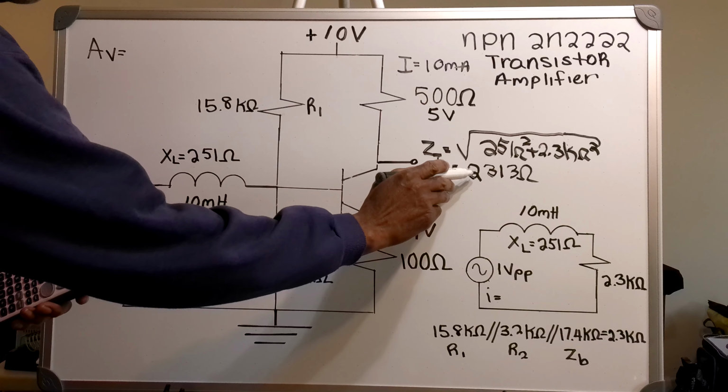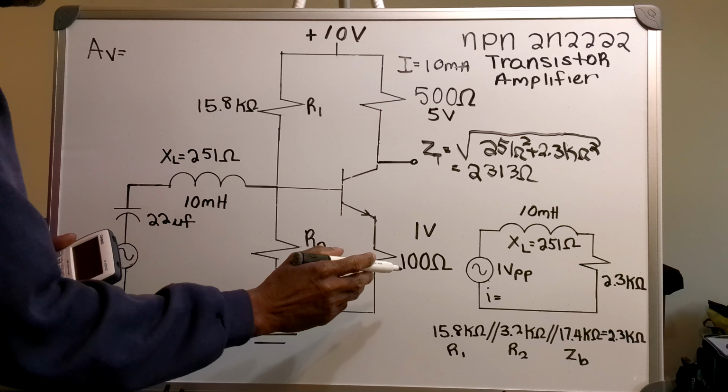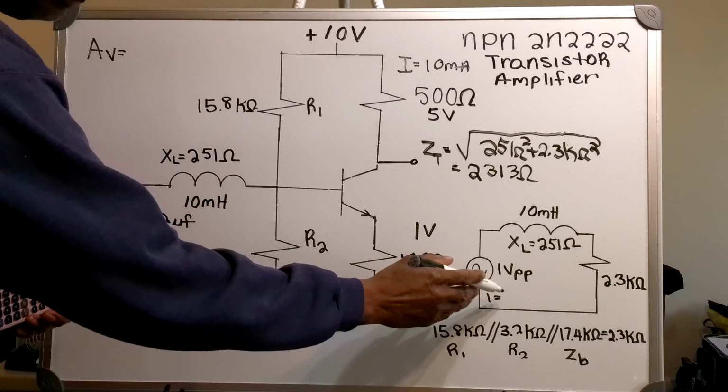Now I use my 2,313 ohms and I find my input current.